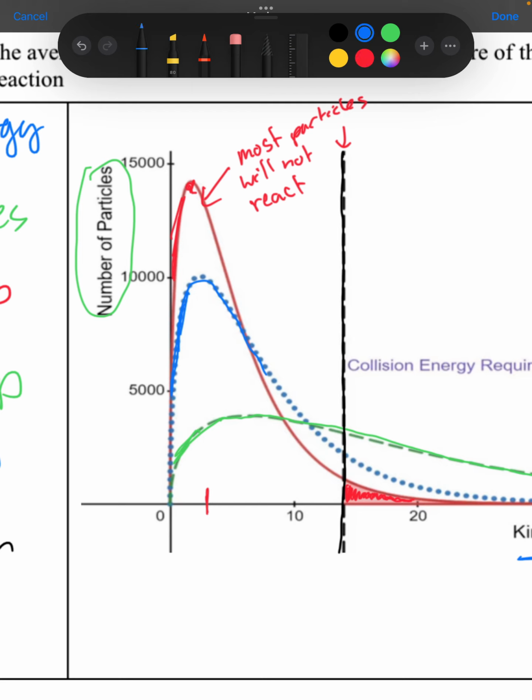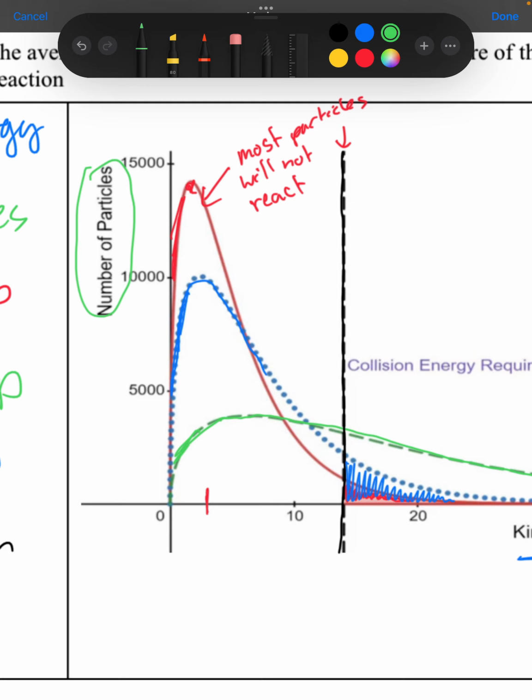We see in our medium temperature sample, in our blue line, that area under the curve is a little bit bigger. So as we increase the temperature, more of our molecular sample is moving fast enough to hit each other with enough force to actually react.